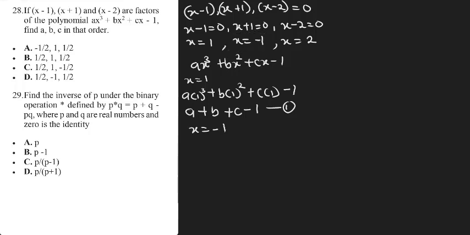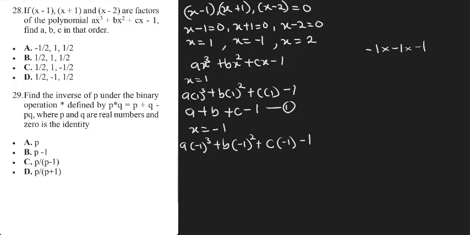So if you substitute it, we're going to have a into minus 1 raised to power 3 plus b into minus 1 raised to power 2 plus c into minus 1, minus 1. Right? So this is going to be minus 1 times minus 1 times minus 1, because this is raised to power 3.